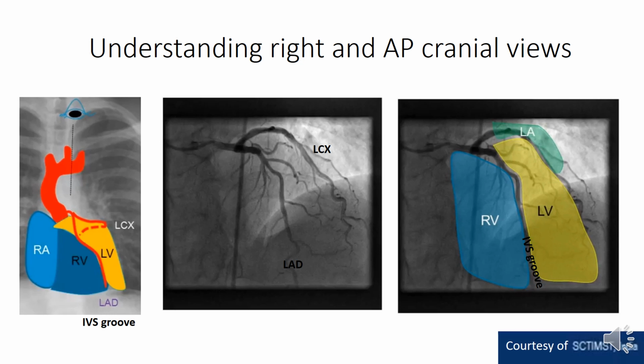As we told before, for simplification, we are dealing with them as a similar orientation. So we are looking from the cranial side of the patient, and we are aligned with the interventricular septal groove. So the vessel that runs along the picture is the LAD running in the interventricular septum.